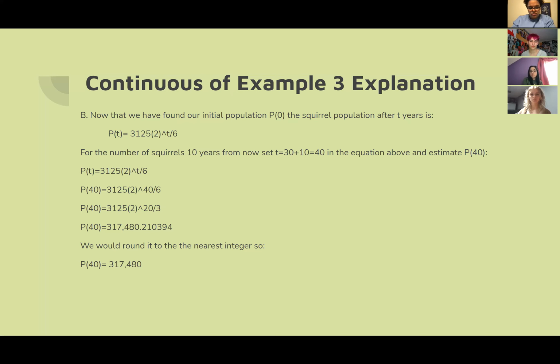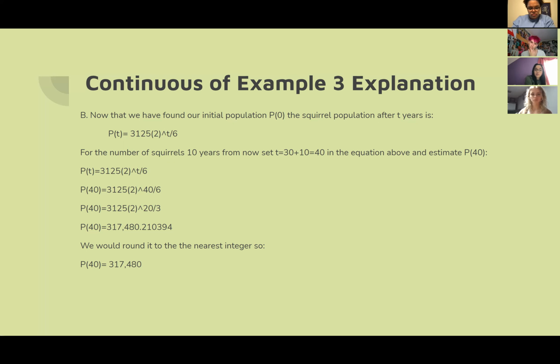So we would do the same steps that we did for A, which is P of t is equal to 3,125 times 2 to the power of t over 6. P of 40 is equal to 3,125 times 2 to the power of 40 divided by 6. We would simplify that exponent to 20 divided by 3.